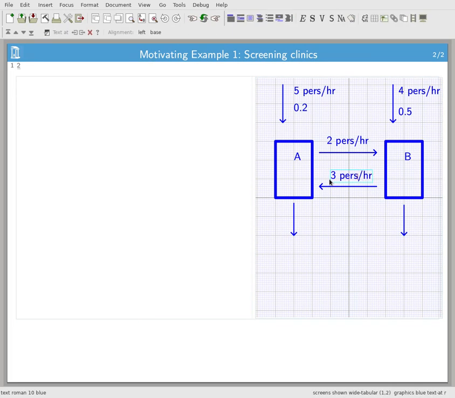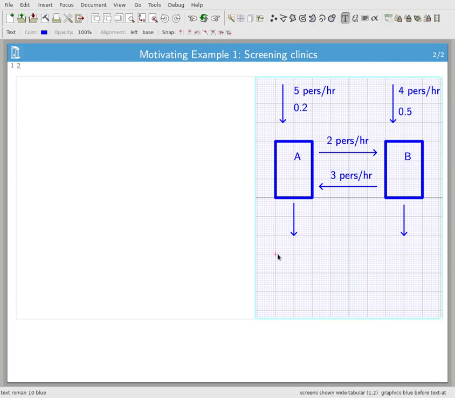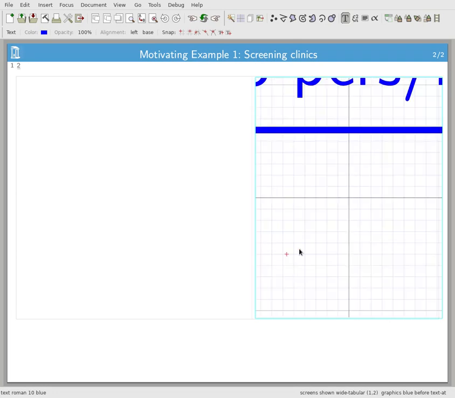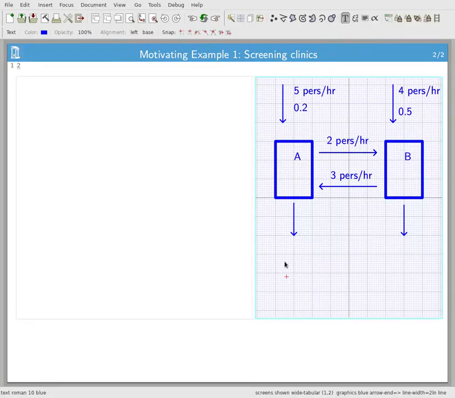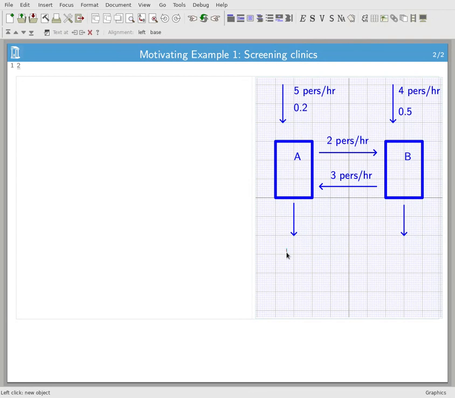We also have discharge of patients that have been cleared, and we'll assume that from clinic A, the one that is for the population which is at less risk, on average 6 persons per hour get discharged, while from clinic B we have on average 3 persons per hour getting discharged.